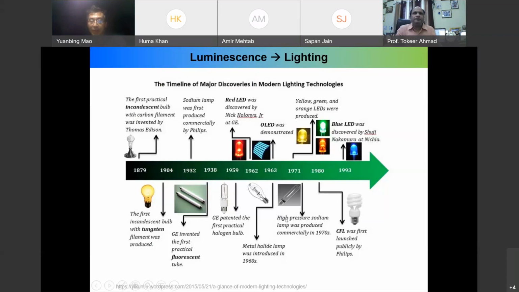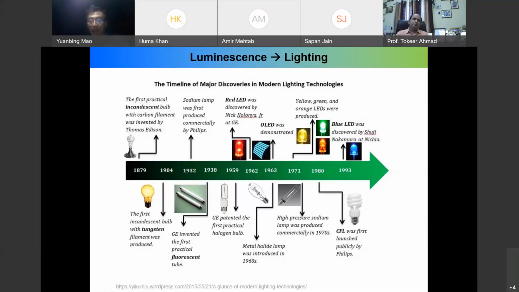In the 1970s, high pressure sodium lamps were produced commercially, and we can start to see yellow, green, and orange LEDs produced. But this is not related to the solid state lighting we want to focus on today.